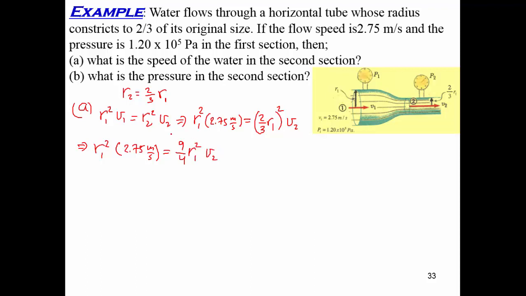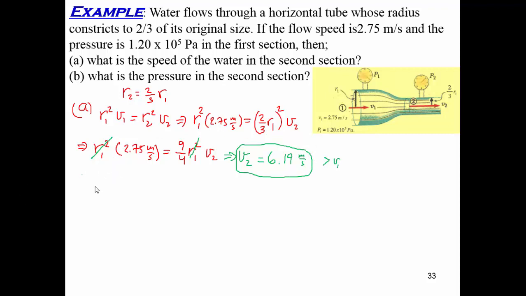Now you can see R1 squared on the right-hand side would cancel out with R1 squared on the left-hand side, and we can solve for V2, which is 9 times 2.75 divided by 4, and this will yield 6.19 meters per second. As we expect here, V2 is bigger than V1 because the area of the pipe has decreased, which will increase the velocity of the fluid.